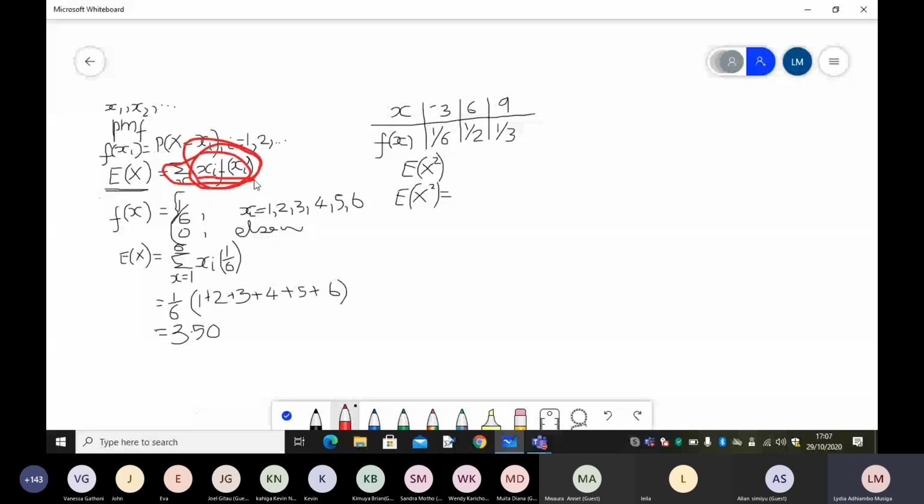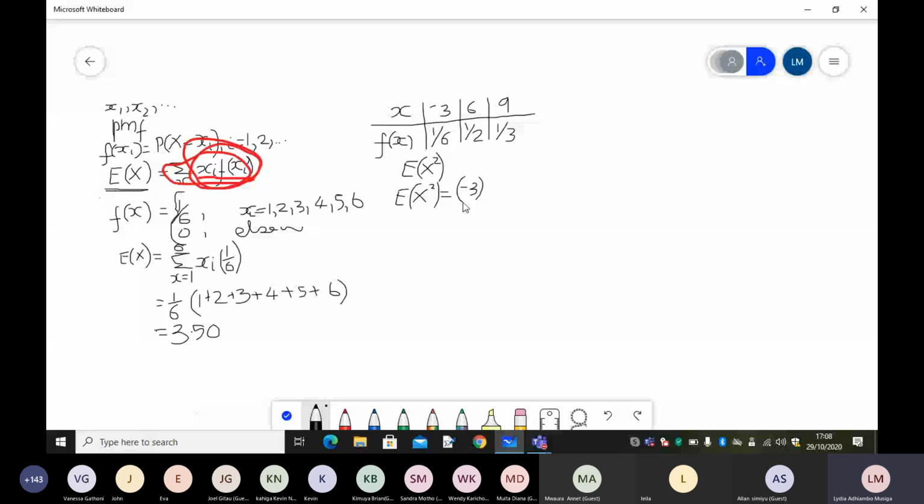That just means that we take the X value multiplied by the probability. So now, minus 3 is the random variable. What is the probability of observing it?